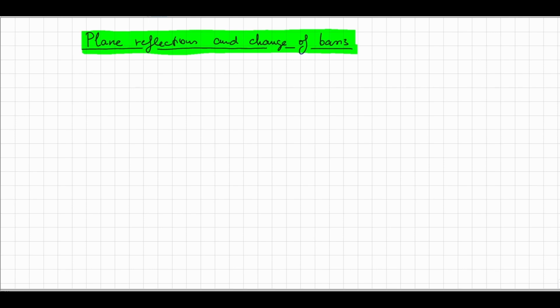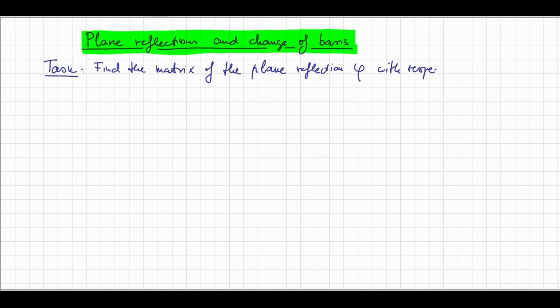So our task will be to find the matrix of the plane reflection, which we call phi, with respect to the line L spanned by the vector v. Let's say we'll take the vector 3, 2.